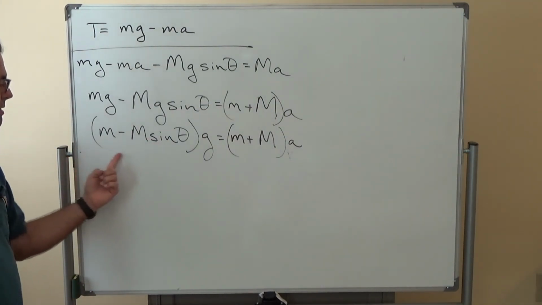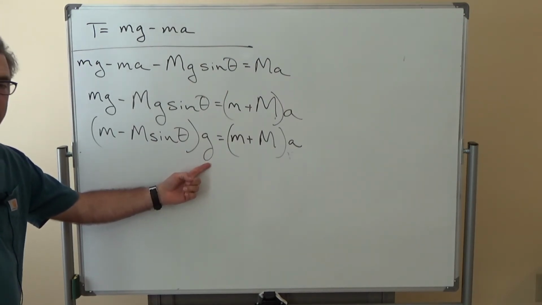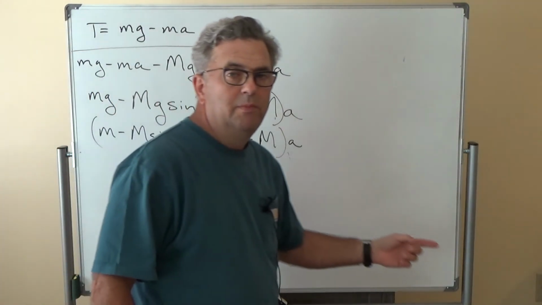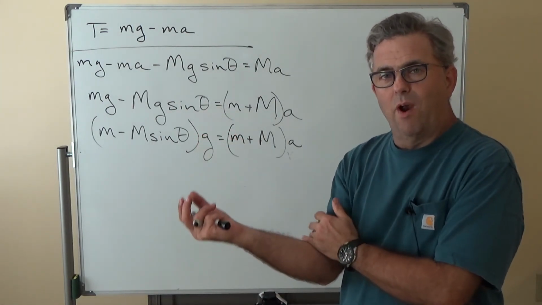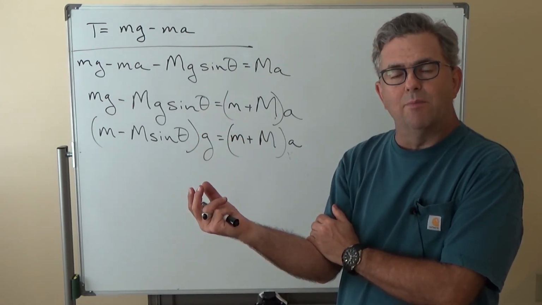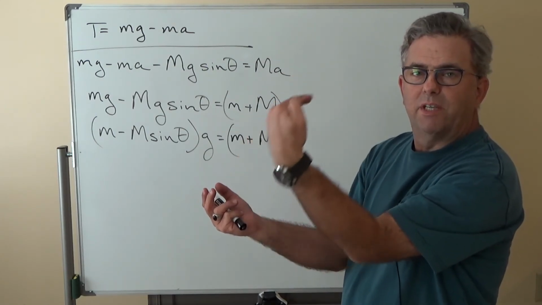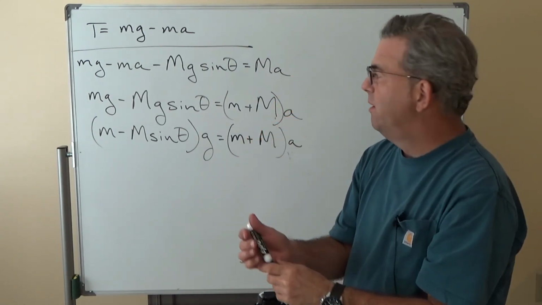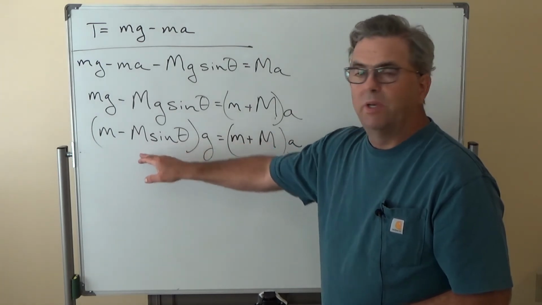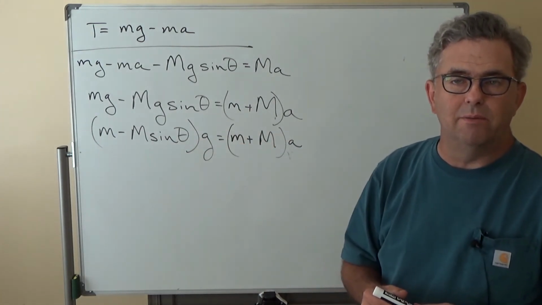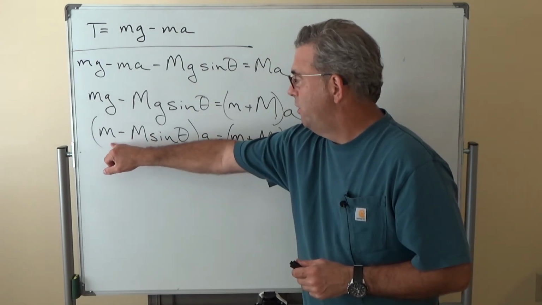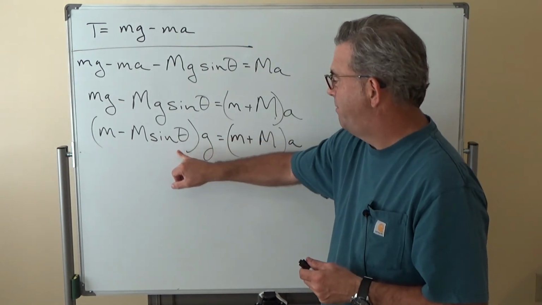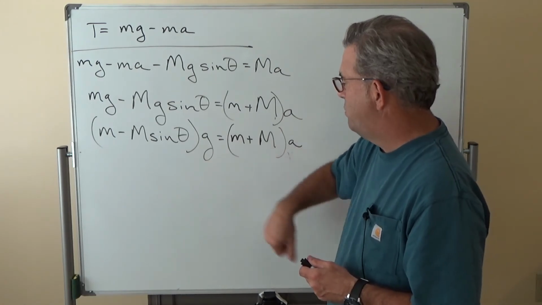This side is the net force acting on the system. In this case, you have the gravitational force due to the hanging mass, but you also have that gravitational force that's acting on the big mass because it's on an inclined plane. So it's the difference in little m and big M sine theta times g.